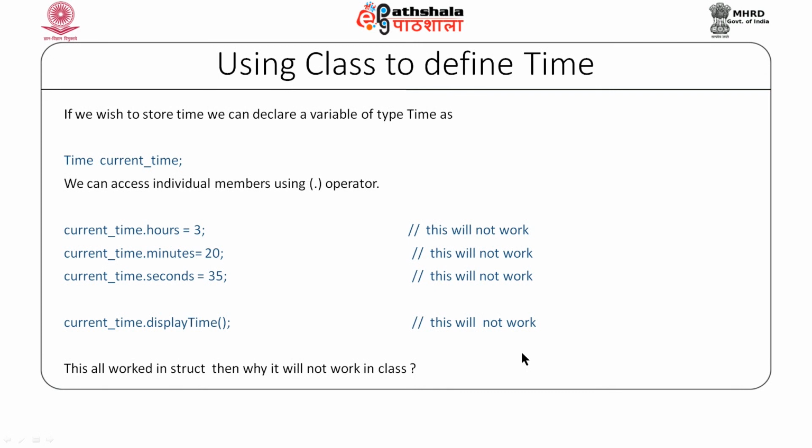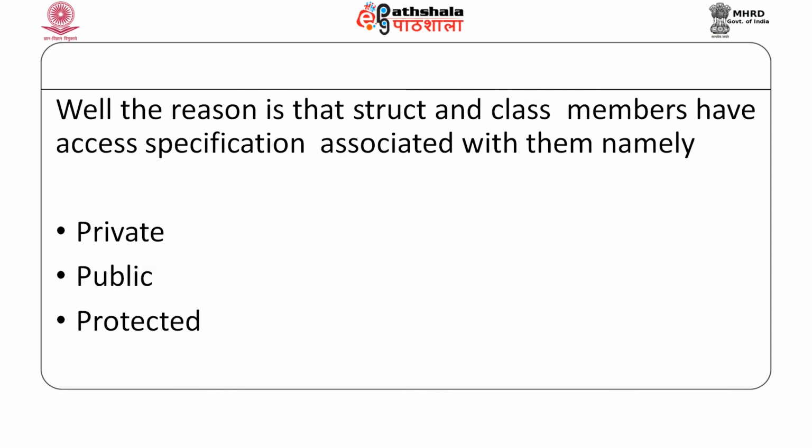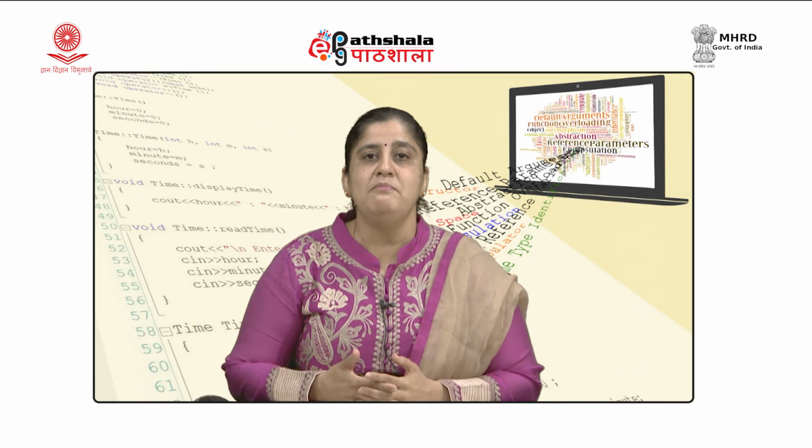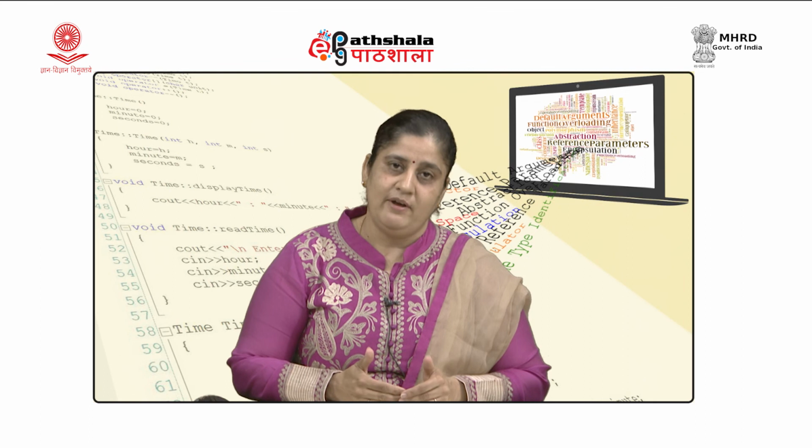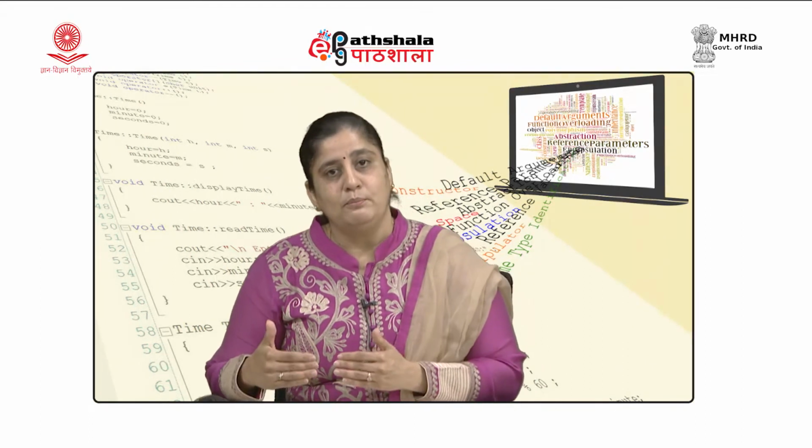So, what is the reason that these statements work well for structure, but they would not work for class? Well, the reason is that the members of class and structure have access specifications, namely private, public and protected, which means it is possible for us to define the members of these class and structure as private, public or protected.